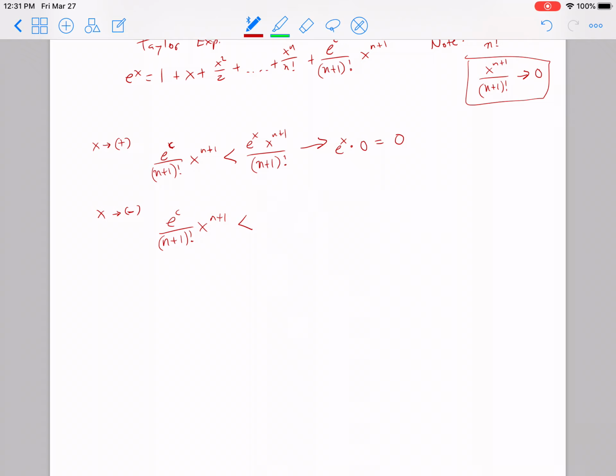It's less than the absolute value of x to the n plus 1 over n plus 1 factorial, in parentheses, and that goes to 0 as well. So that works for us there.